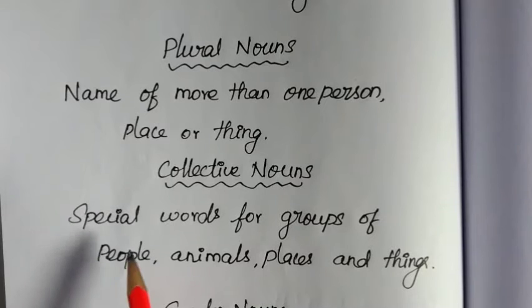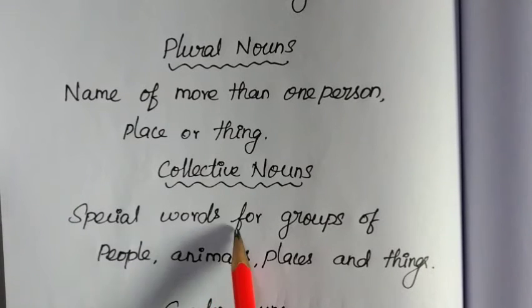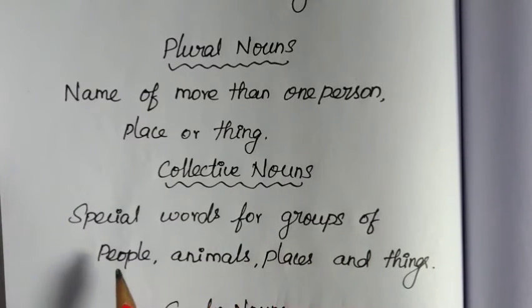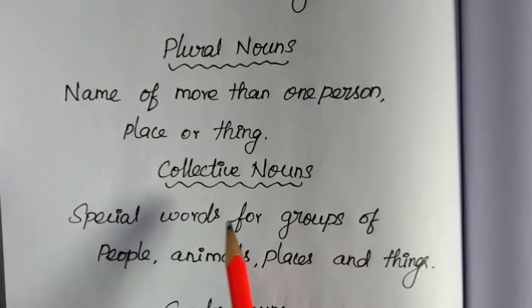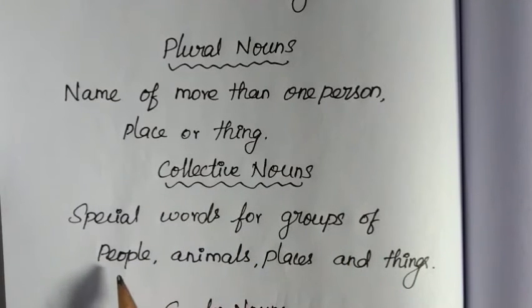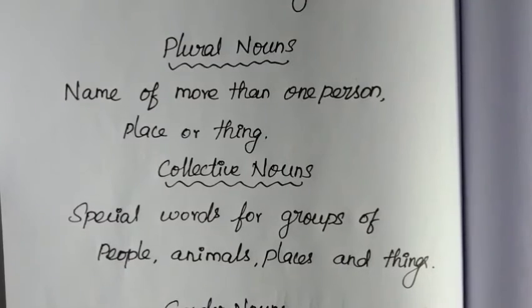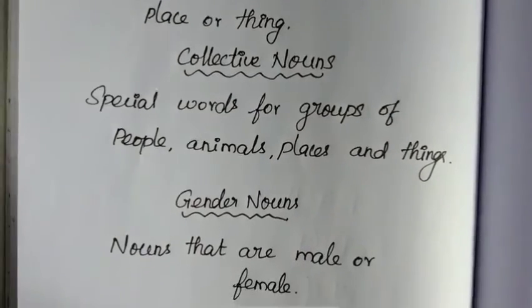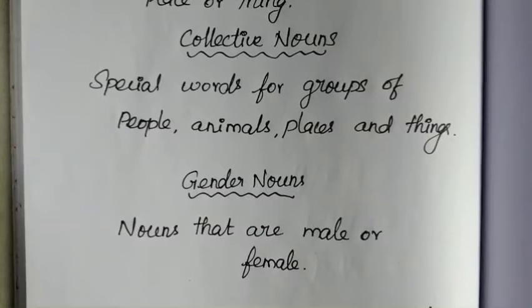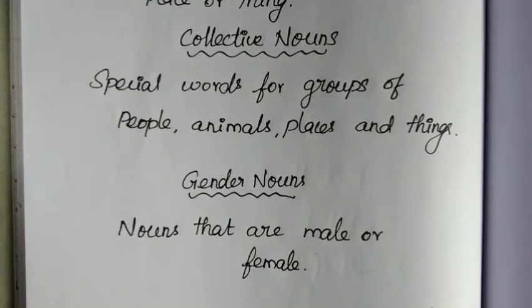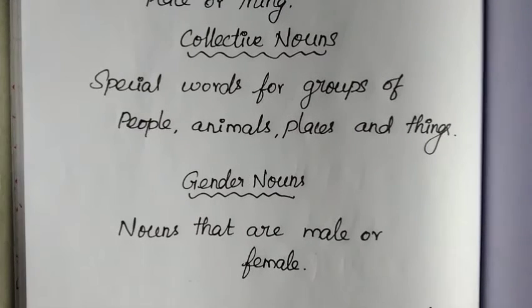Collective nouns are special words for groups of people, animals, places and things. Next, gender nouns. Gender nouns means the nouns that are either male or female.